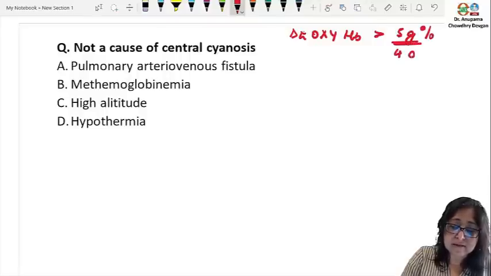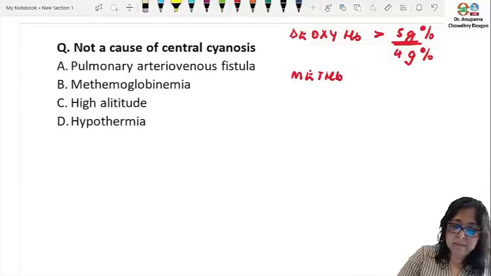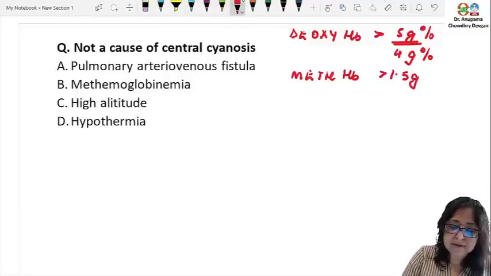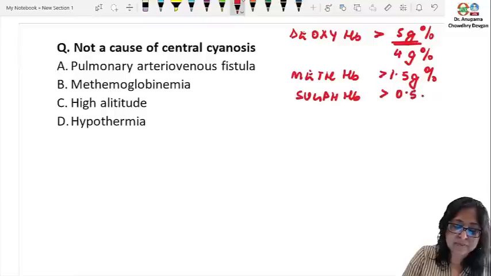Some books also say this is if it is more than 4 grams percent, or if methemoglobin is more than 1.5 grams percent, or if sulfhemoglobin is more than 0.5. So this is what is going to cause a central cyanosis.